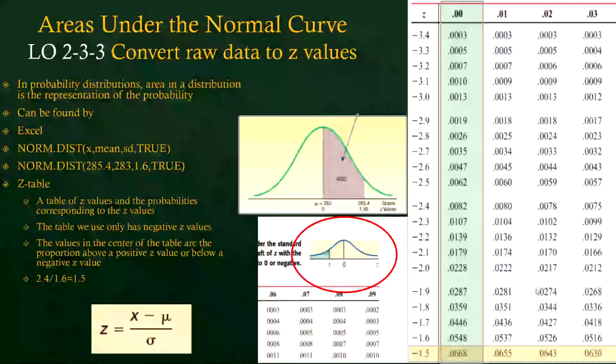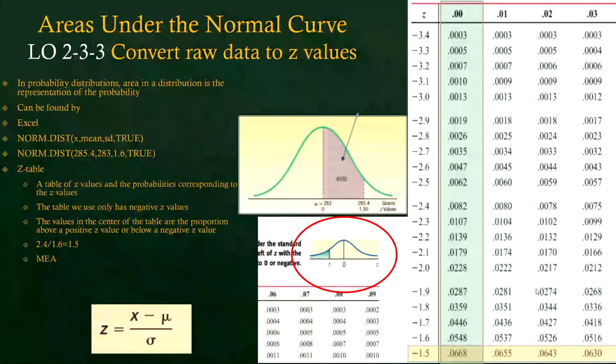Okay, so what I just did here is x minus mean divided by SD equals z. And so the z value, then we come over here and we find 1.5. Like I said, these are only negative values, but you can still find negative 1.5, and you find the intersection of negative 1.5, and you see right here at the end, 1.5.